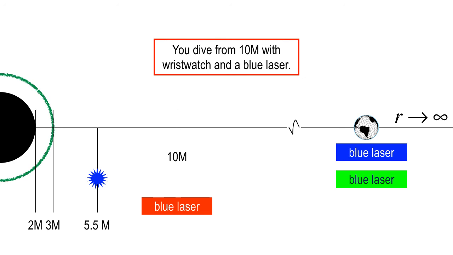That's pretty darn close to H alpha. All right, I ran the numbers last night. Okay, that's what you get. So when you're down there at 5.5, yep, it looks blue to you, but the mothership is going to read it at 660.